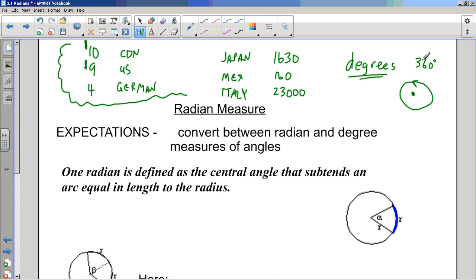Well, we know it's not 360, and in fact it's not 365, it's 364 and some fraction, and it's just not a very mathematical measure, degrees. And I'm going to tell you all about the more mathematical measure, which is radian measure, in part 2.